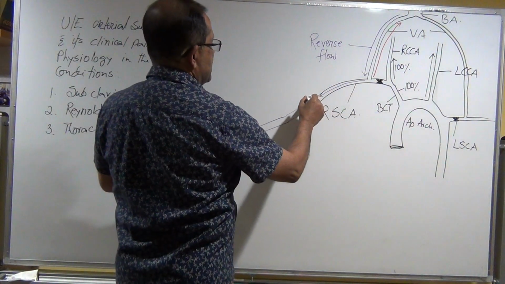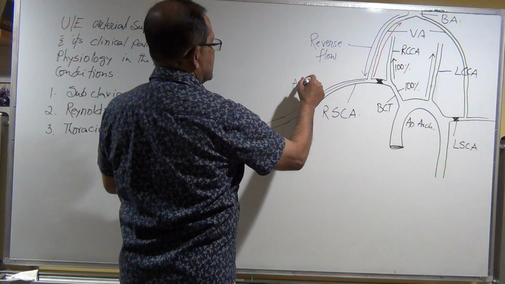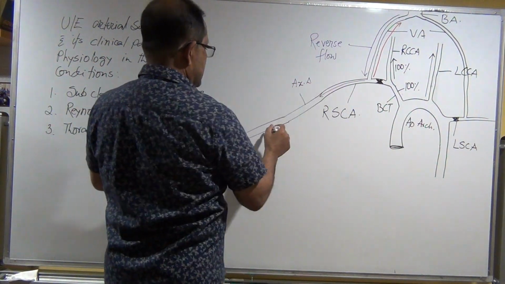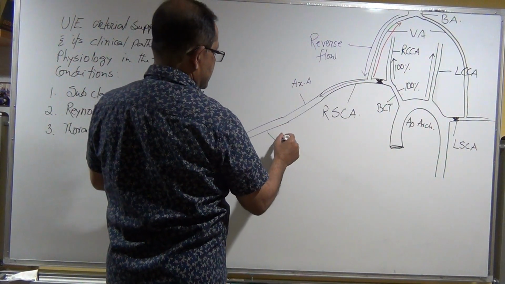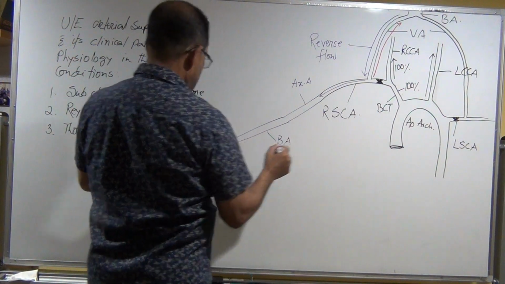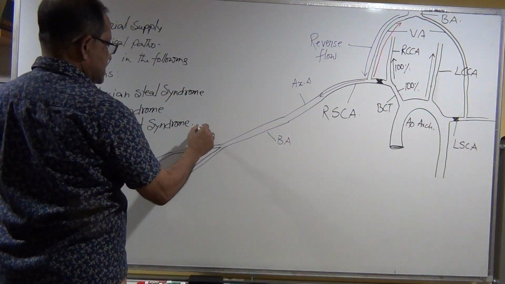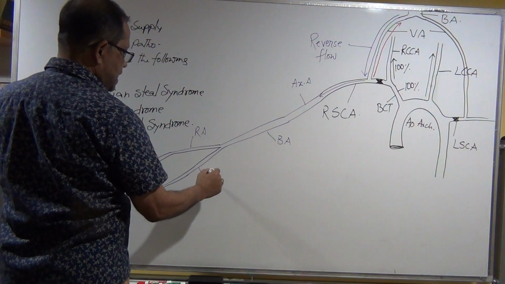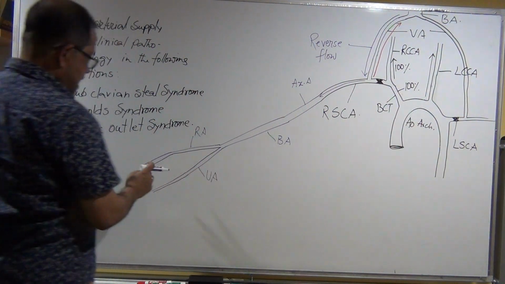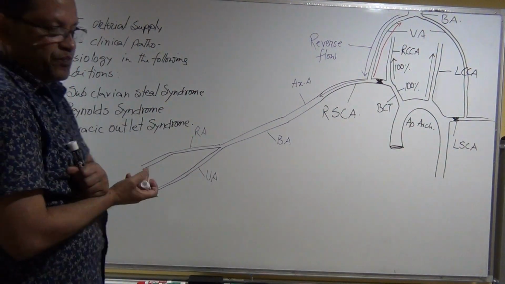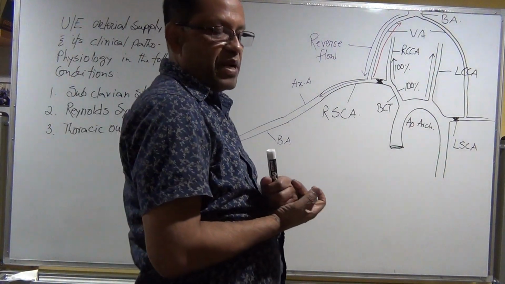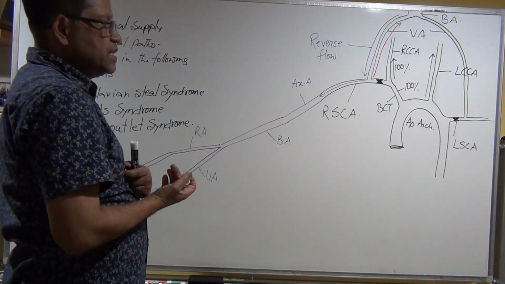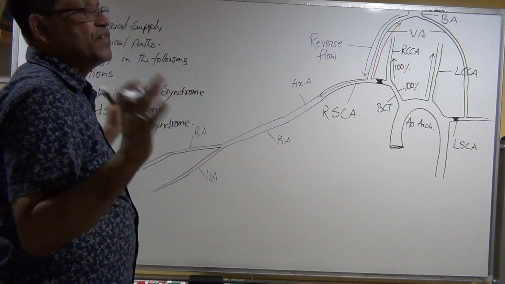So this would be the axillary artery, this would be the brachial artery, and this would be the radial artery, and this is the ulnar artery, and they will make the palmar arch and metacarpal branch and the digital branch, and this hand will be fine.